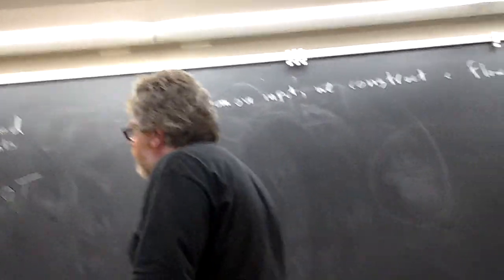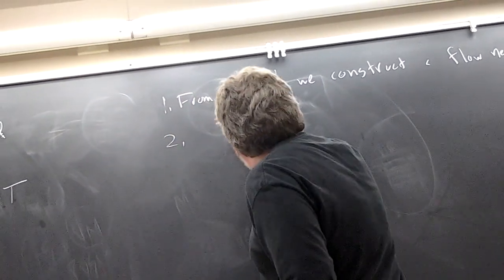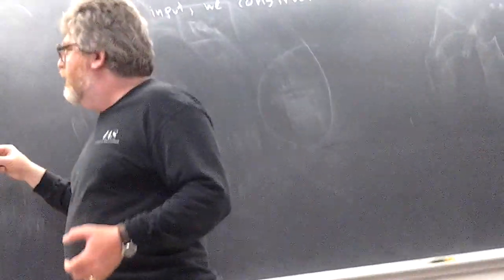And the second thing is we need to say, now for solving flow as a black box, we need to say something about this flow is equivalent to our original problem.